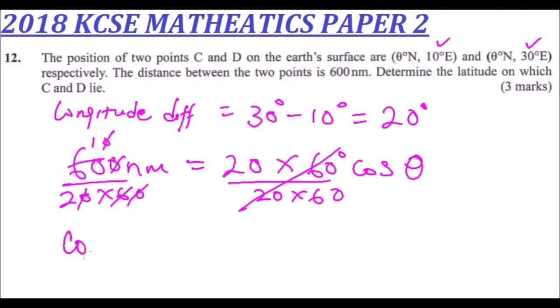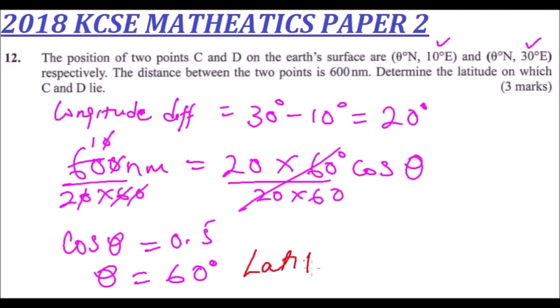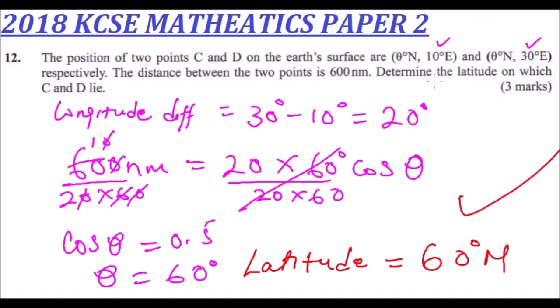So cos theta is equal to 0.5, and so if we know the cosine of theta is 0.5, then theta is equal to 60 degrees. So we can say that latitude is equal to 60 degrees to the north. That's how we work out that question.